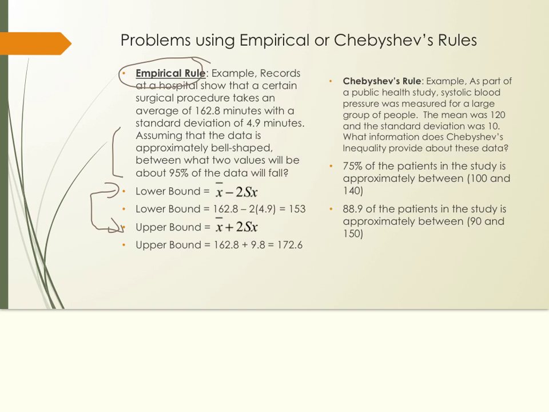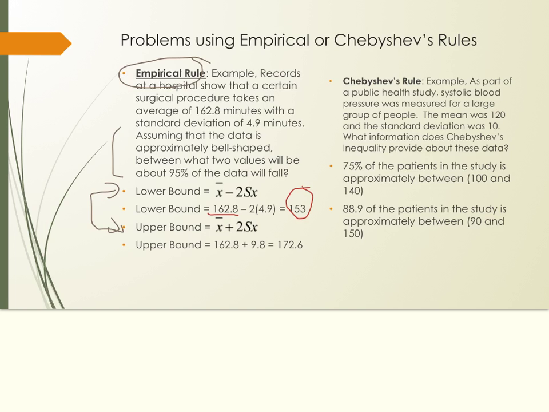Our lower bound is the mean minus 2 standard deviations. So in this case, it is 162.8 minus 2 times 4.9, which gives us 153.